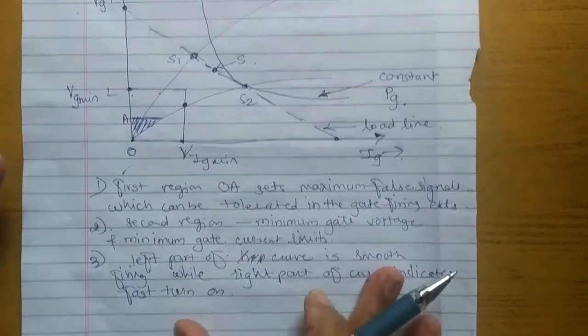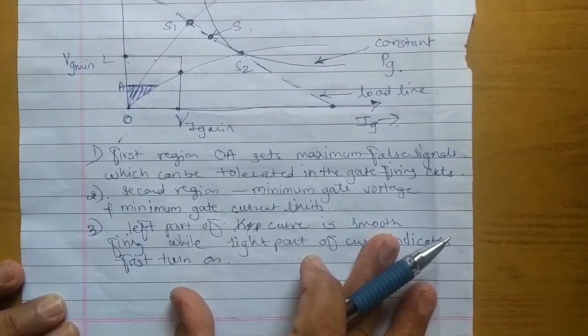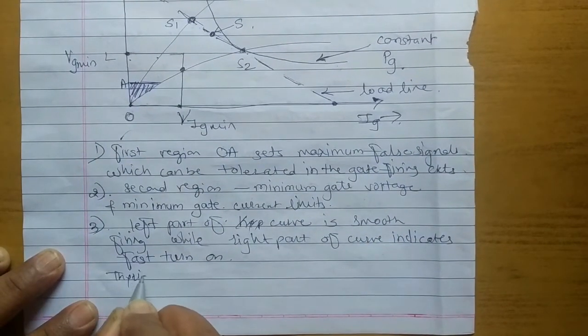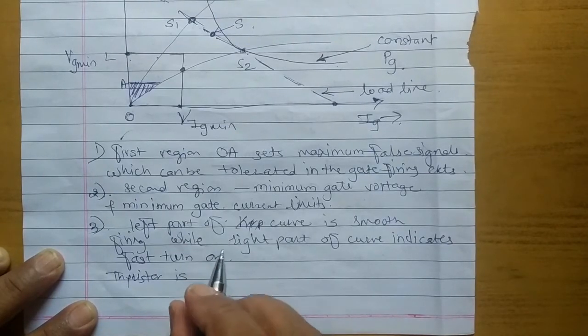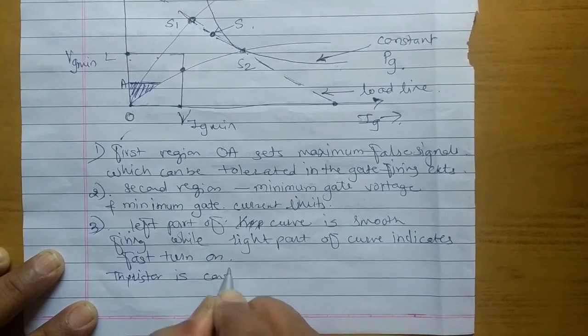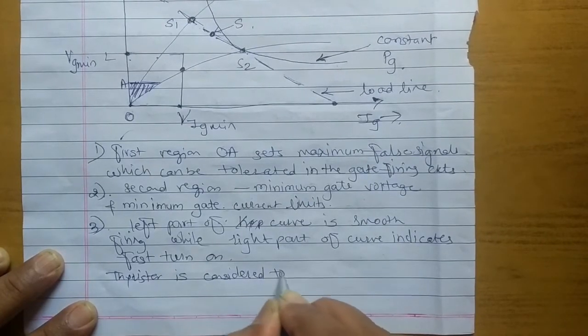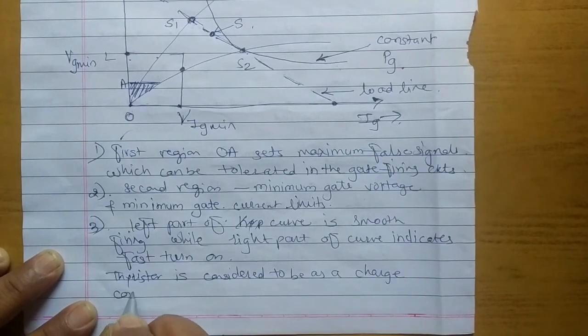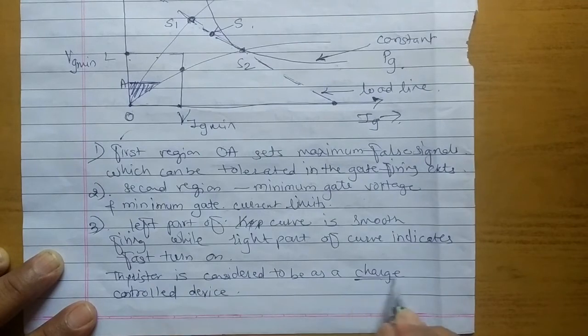Before going to that, one more thing I want to say: the thyristor can be considered a charge controlled device, because as we give the gate terminal voltage to the device, it can be triggered fast. So it can be considered a charge controlled device here.